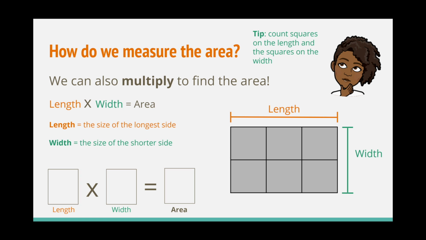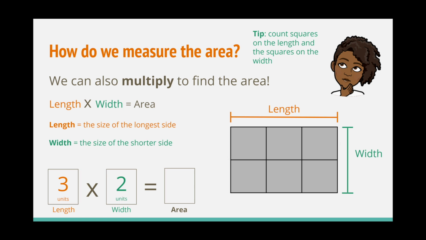So we're going to do that. We're going to count the squares on the length. By the orange part, there's 1, 2, 3 squares on the length. So our length is 3 square units. Now let's count the width. There's 1, 2 squares along the width. So our width is 2 square units.